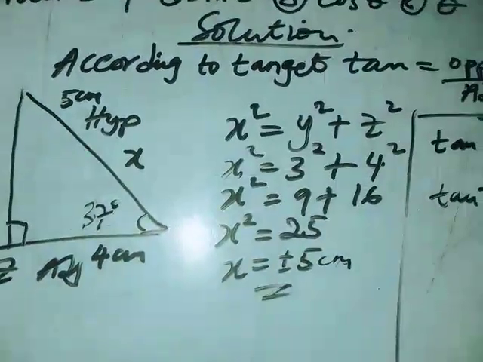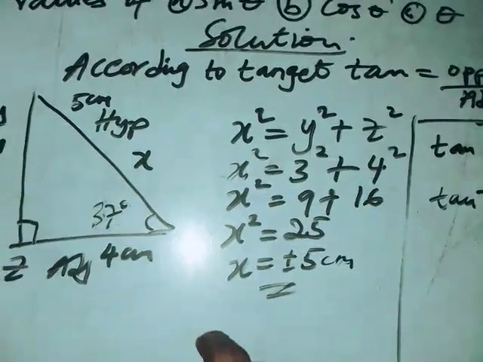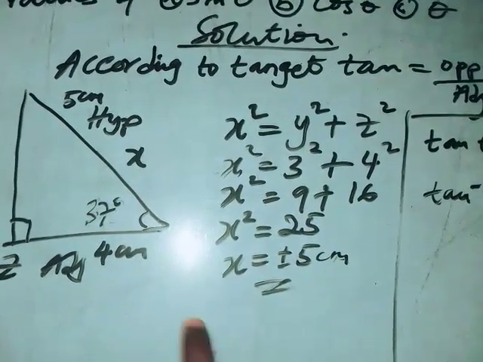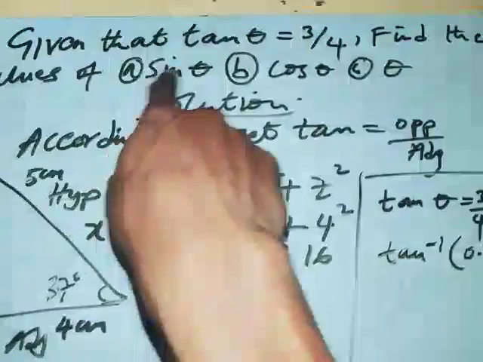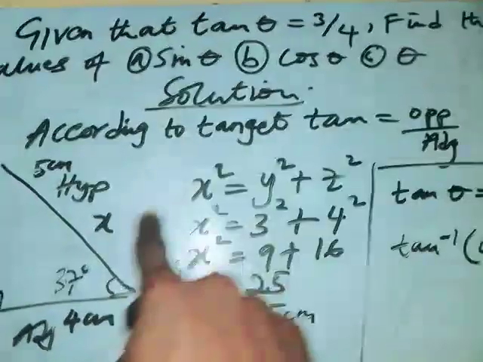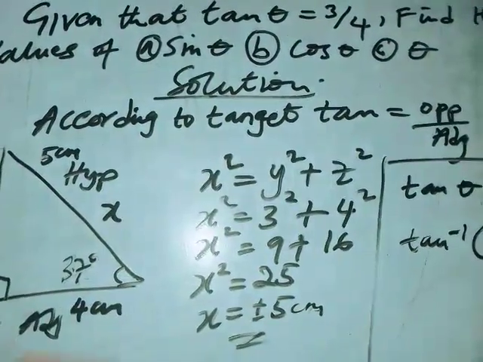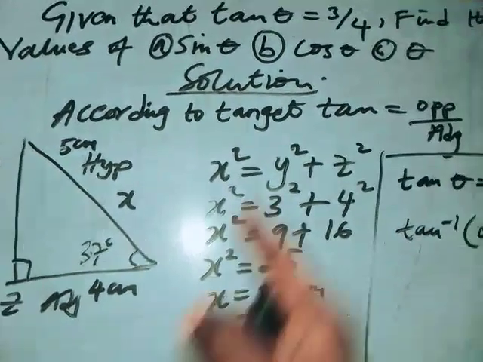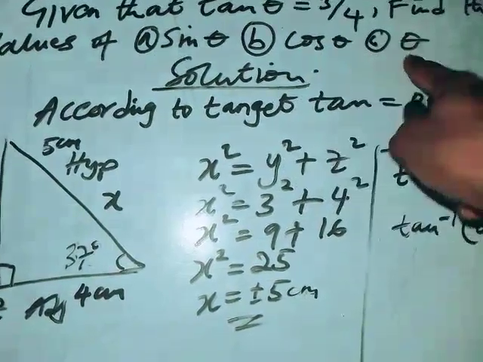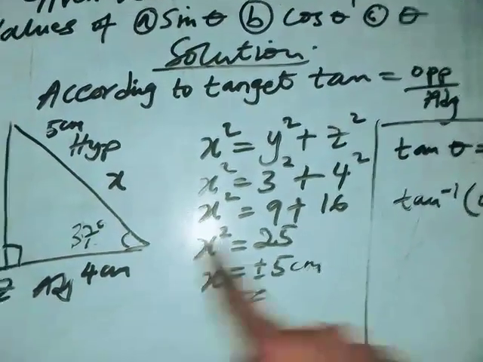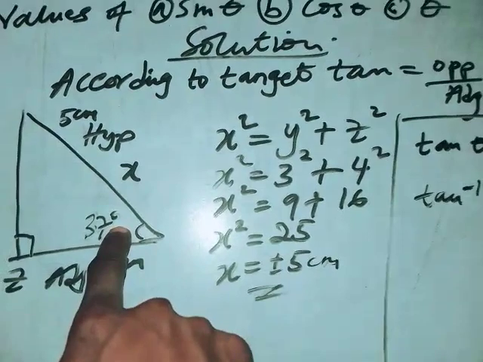We find our theta is 37 degrees. What next is to find sin theta and cos theta. Since we know our three sides, we can use the SOHCAHTOA method to find sin theta and cos theta. Remember that theta itself is 37 degrees, which is this angle.